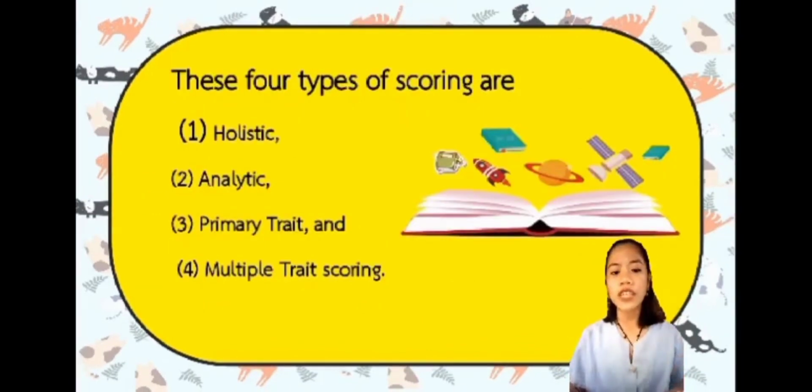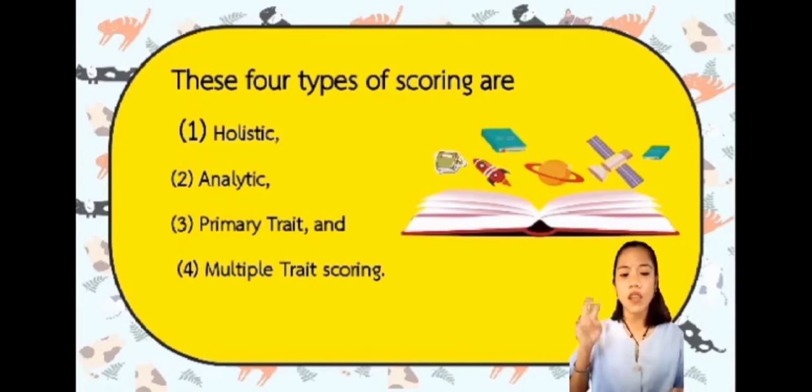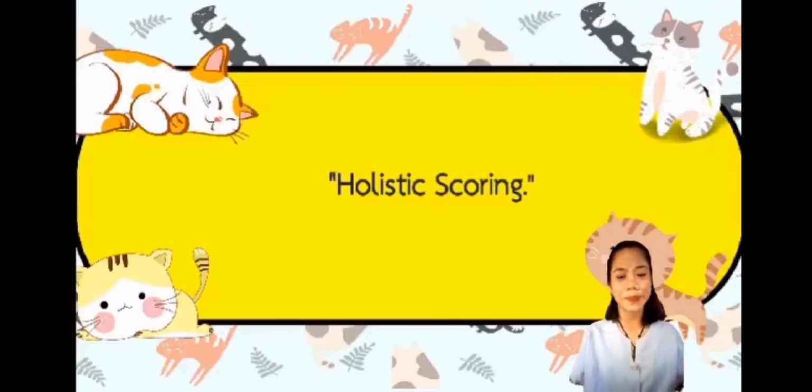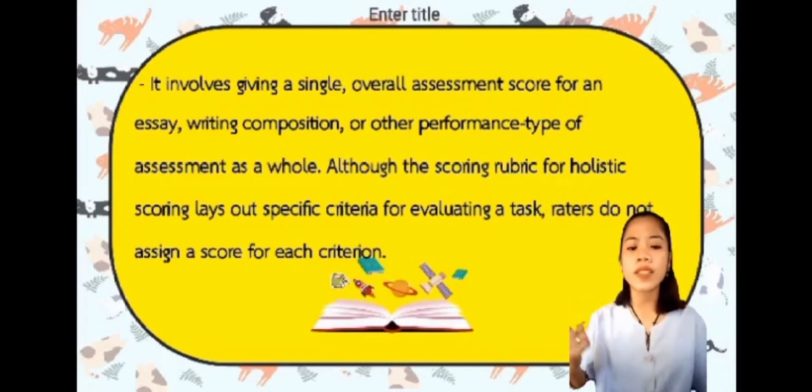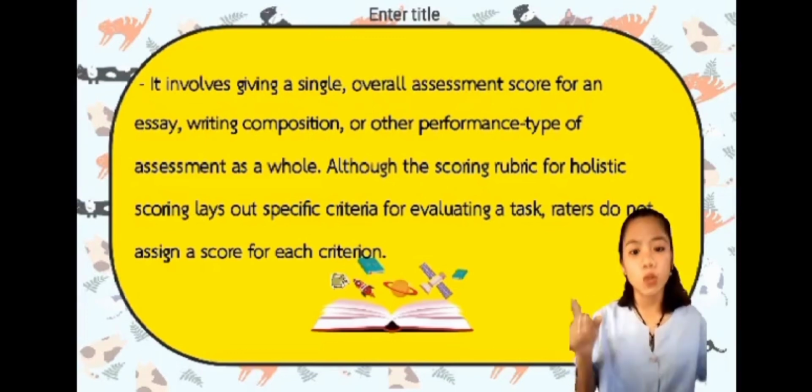So there are 4 types of scoring: 1, holistic; 2, analytic; 3, primary trait; and 4, multiple trait scoring. Holistic scoring involves giving a single or overall assessment score for an essay, writing composition, or other performance type of assessment as a whole.